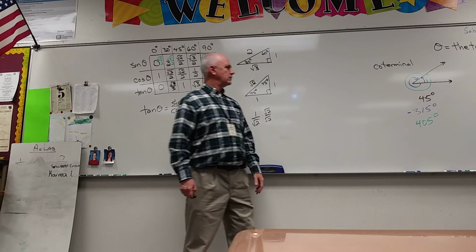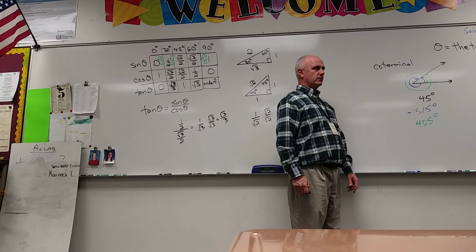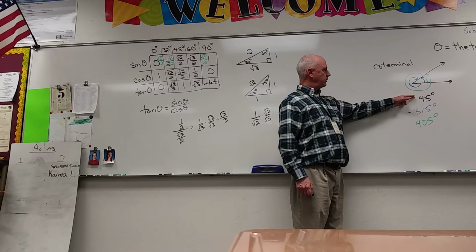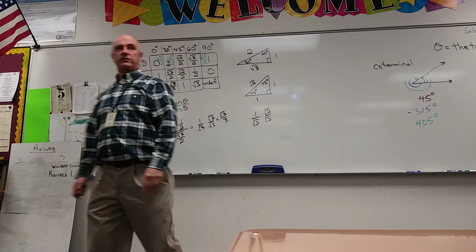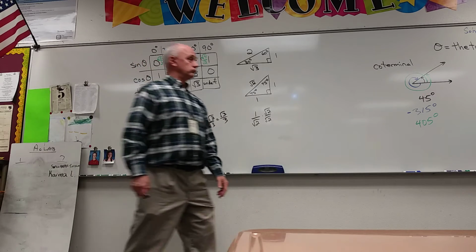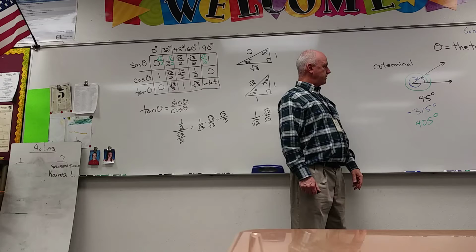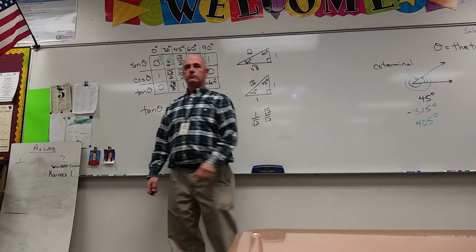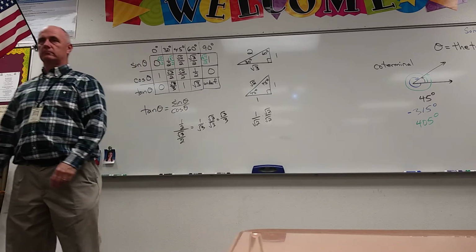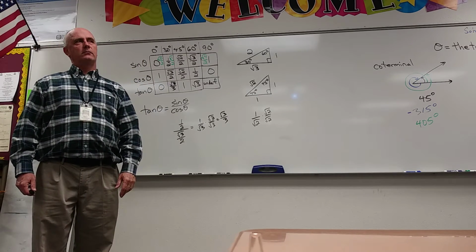By the way, what's the difference numerically between the black angle and the green angle? 360 degrees. What's the difference numerically between the black angle and the blue angle? 360 degrees. Is that reasonable?